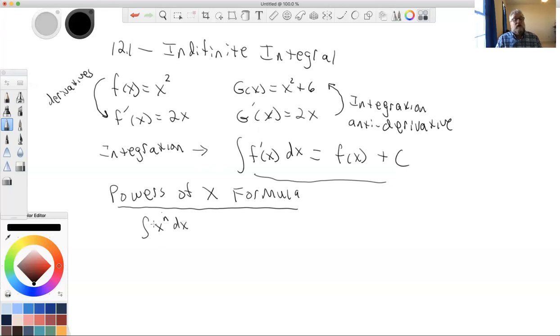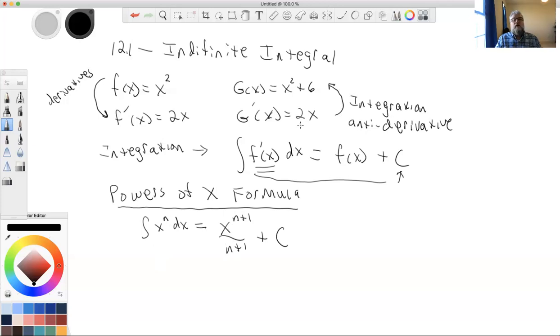If this is my derivative, like I have here, that I want to anti-differentiate, meaning I want to take the integral of it to find the original function, the way we do the math with this is we end up with x to the n plus 1 over n plus 1 plus my integration constant that we always have. And this is how we go in the integration direction from the derivative to the original function.